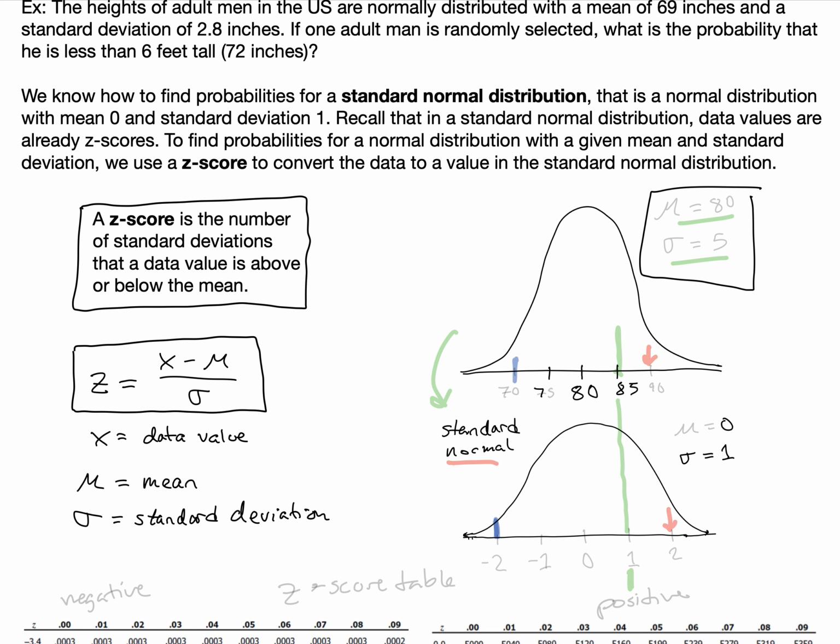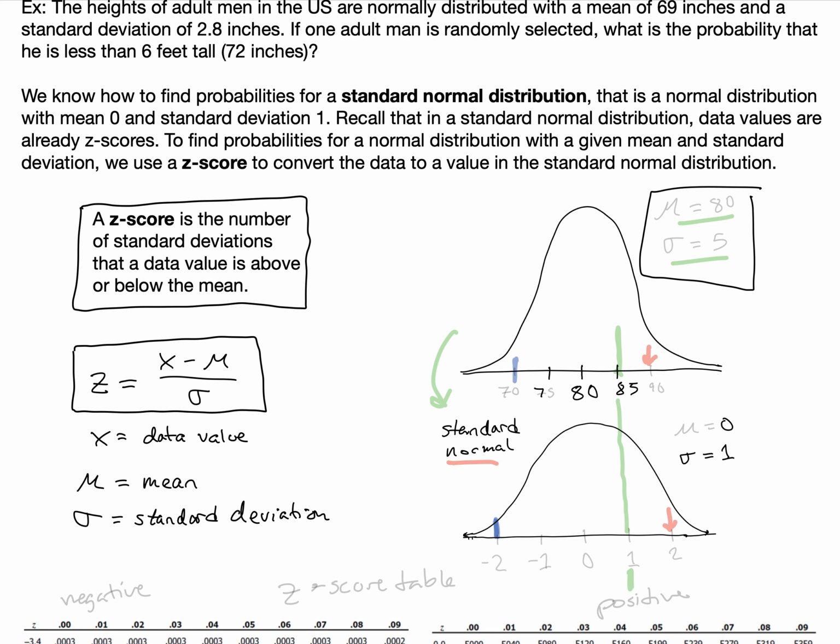And because normal distributions have the same shape, the probabilities corresponding to data values, or areas between values in any normal distribution, will correspond to the areas in the standard normal distribution once we take the z-score of those values.